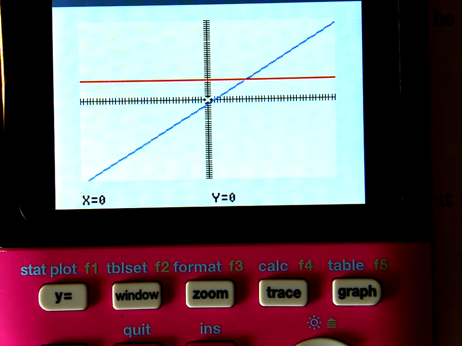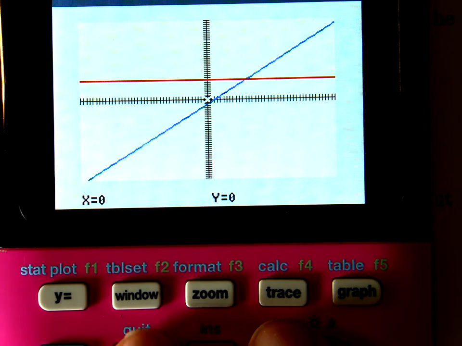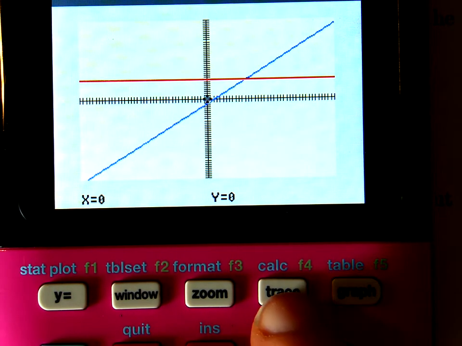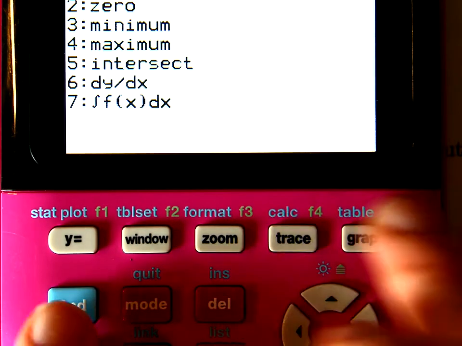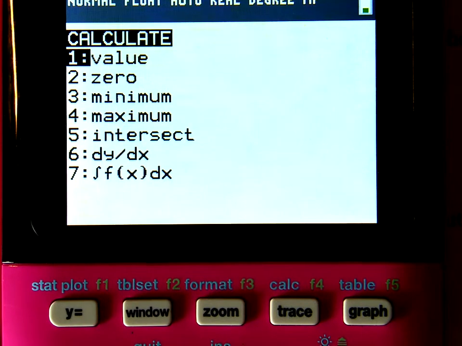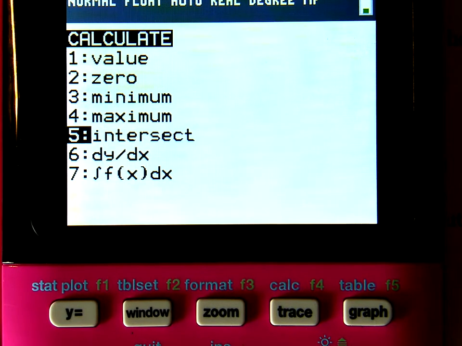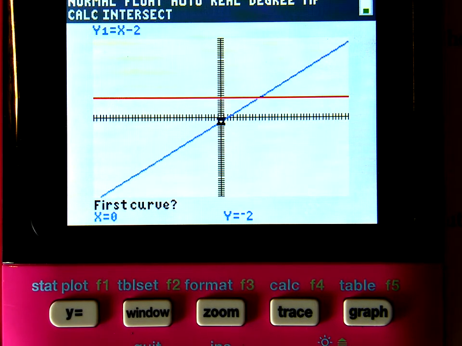Now what I'm going to do is this. Right above trace, you see calc. So I'm going to go second calc, and I'm going to go to 5 and find out where they intersect. Okay, it says first curve is blue, second curve is the red line, and sure, there's my guess, doesn't matter. There's the intersection.